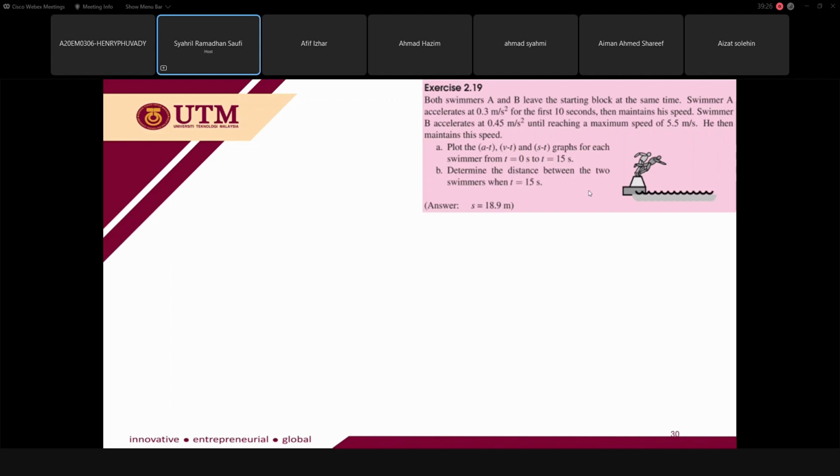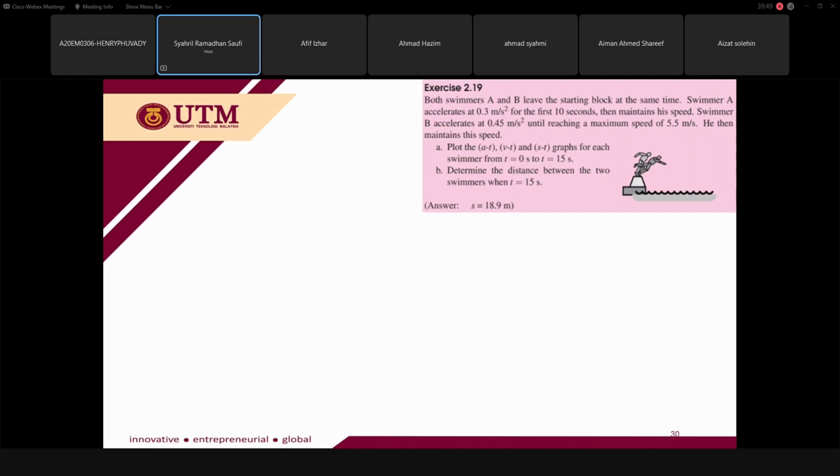So for this exercise, it's swimmers. You have two swimmers, A and B, leave the starting block at the same time. Swimmer A accelerates at 0.3 meter per second squared for the first 10 seconds, then maintains his speed.